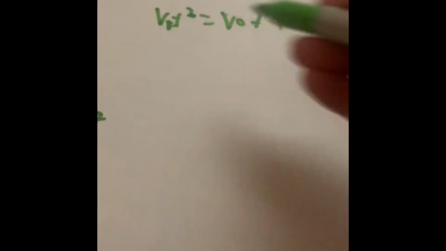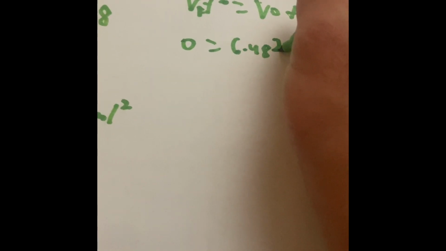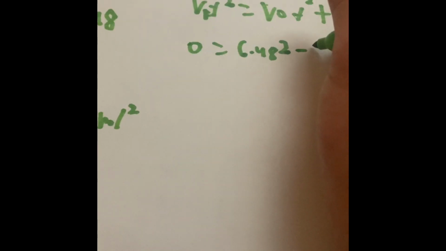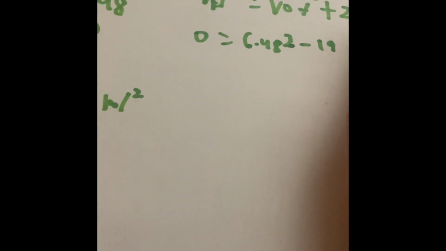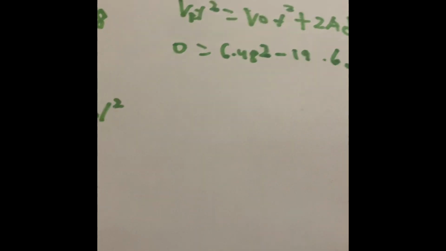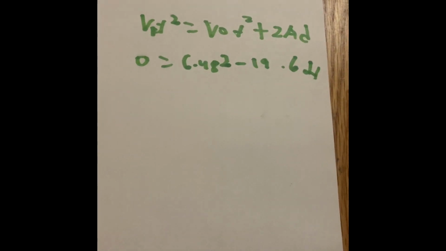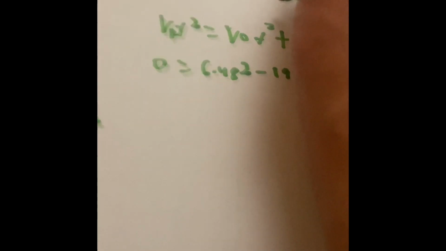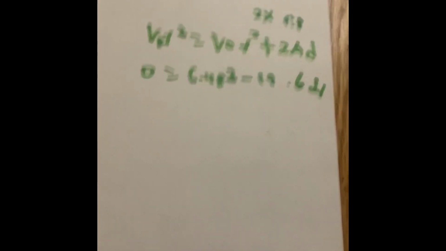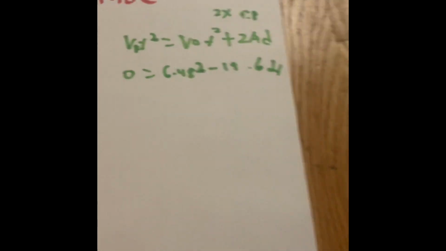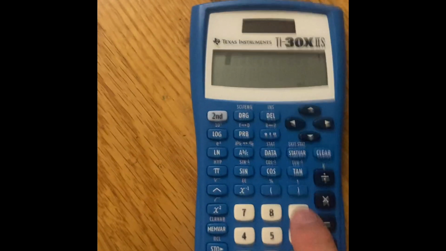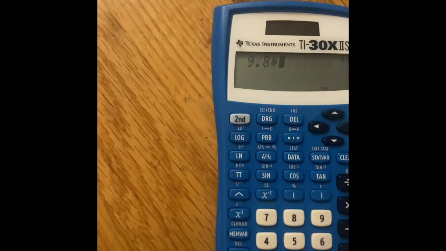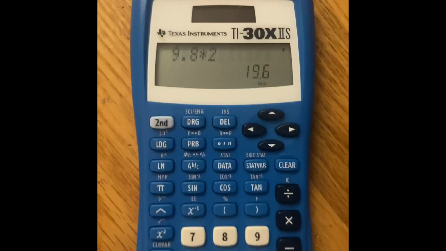So what we're going to do is 0 equals 6.48 squared minus 19.6 dy. dy is the displacement. 19.6 because of 9.8, and we have to multiply that by 2. 9.8 times 2 is 19.6. So that's how we got 19.6 dy.